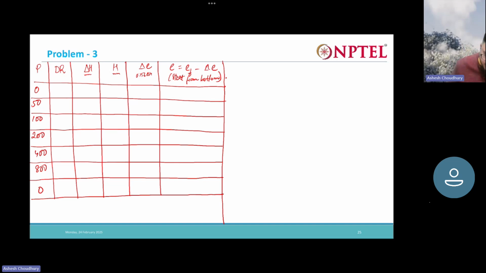So now see the dial gauge reading at the end. Let us write down all the dial gauge readings.